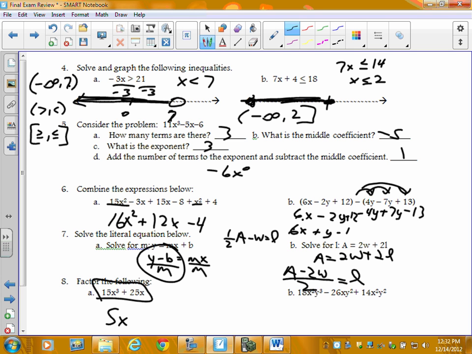So I know that 5 times that is 3, x times that is x squared. So 5x times 3x is 15x squared. That's the only way it can be right, guys. So look at your answers, A, B, C, D, and make sure you pick the one that multiplies back out to give you the right answer.